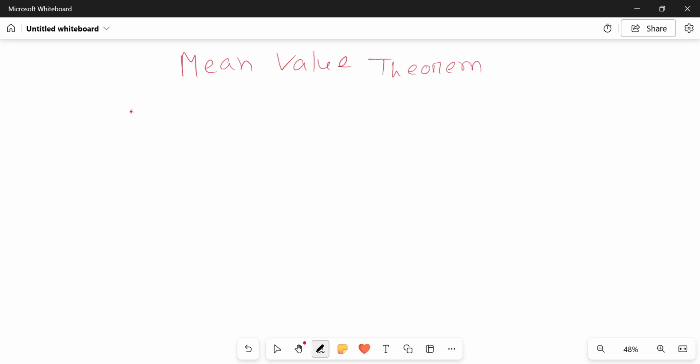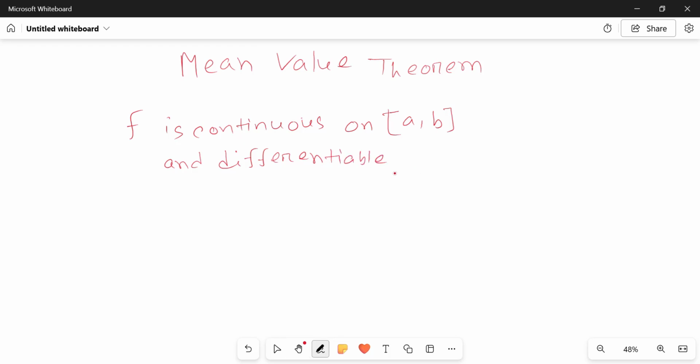Suppose that we have a function f that is continuous on the closed interval a to b, and differentiable on the open interval a to b.